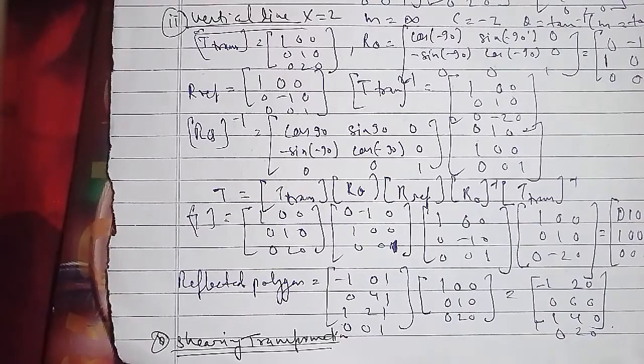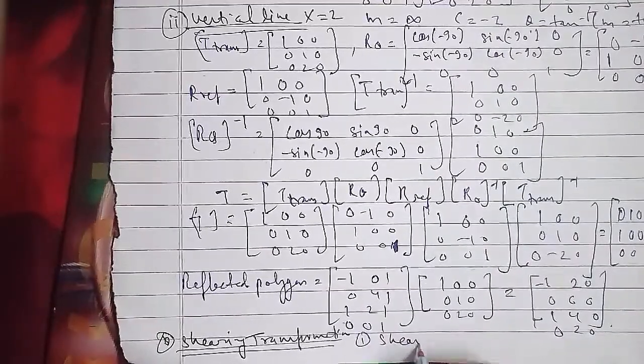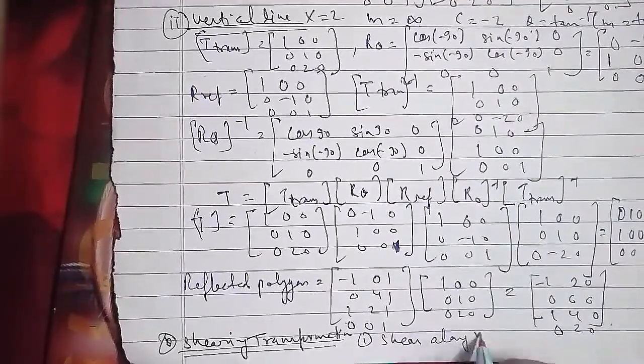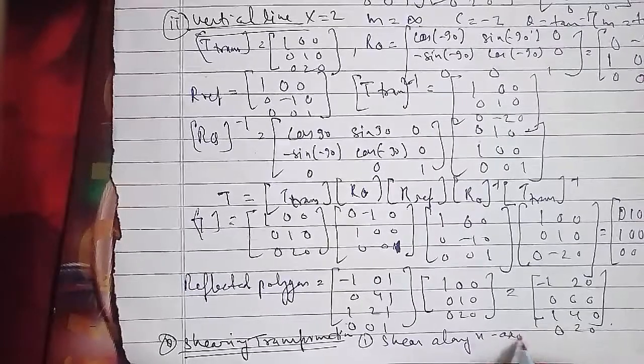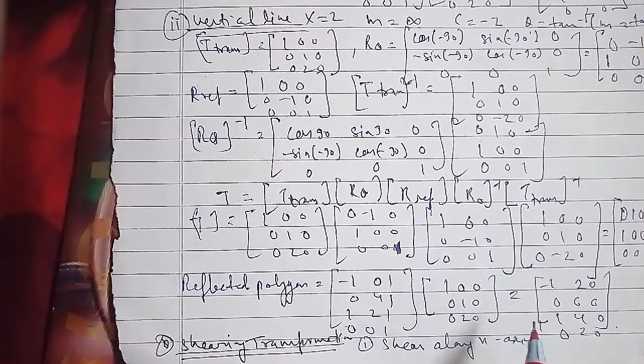So the matrix we will find here is as follows. The matrix SH equals 1 shx 0, 0 1 0, and 0 0 1.